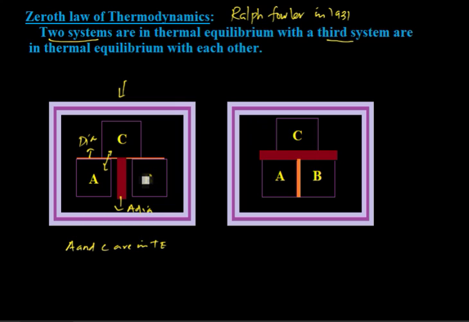Similarly, B and C are separated by a diathermic wall again, so B and C are in thermal equilibrium.